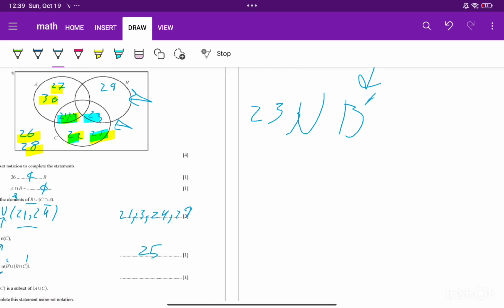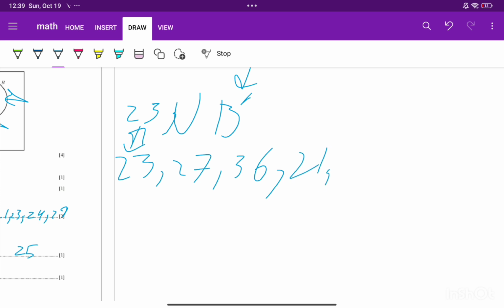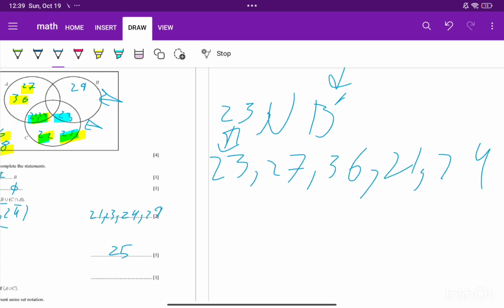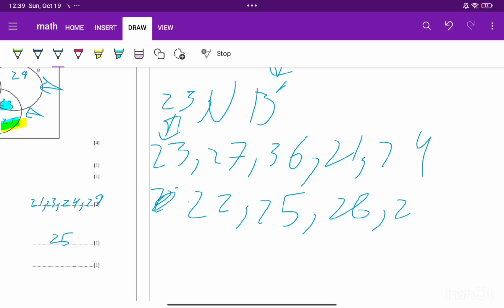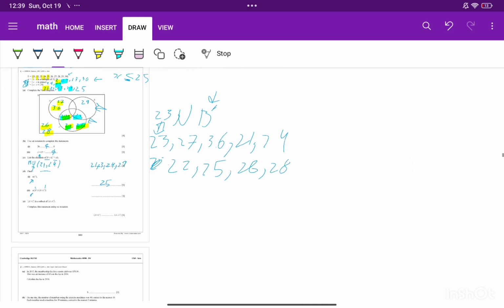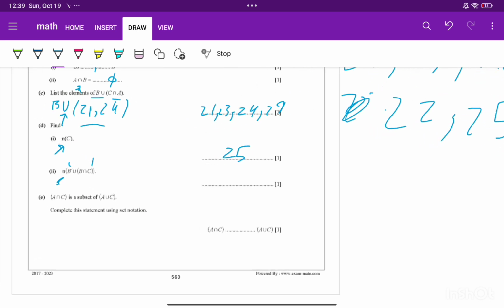So the numbers will be 23 over here, so we copy paste it, 27, 30, 21, 24, 22, 25, 26, 28. So 3, 4, 5, 6, 7, 8, 9. So 9 numbers are present in this statement.